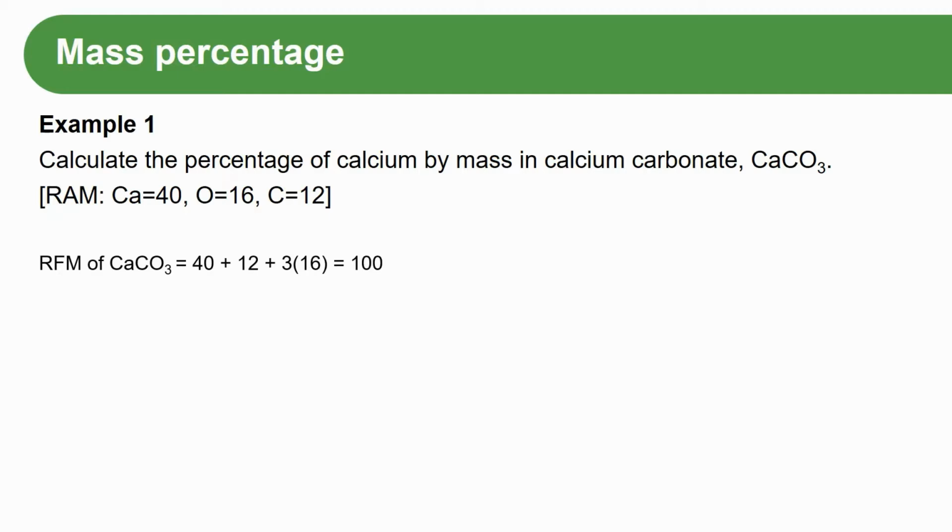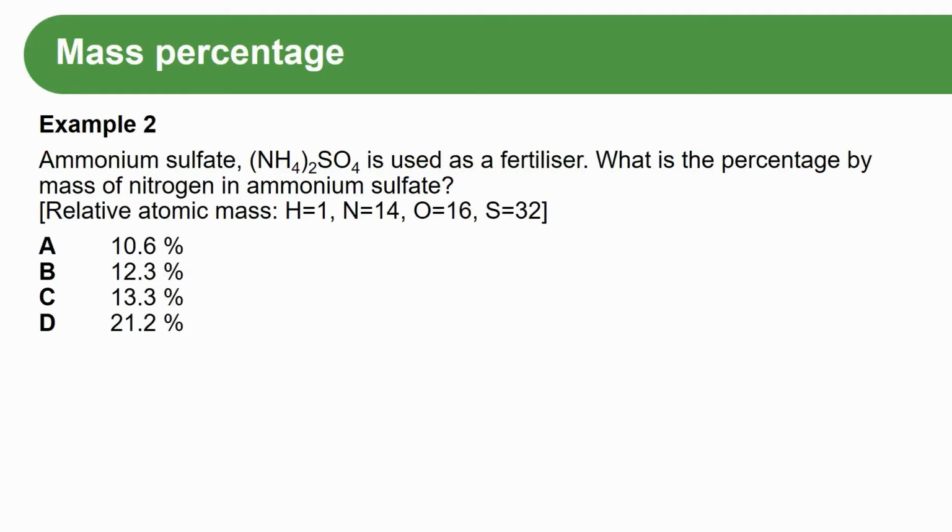Then we just use the mass of calcium, which is 40, divide over 100, and we will get the percentage of calcium is 40%. The second example, we want to find the mass percentage of nitrogen in ammonium sulfate.